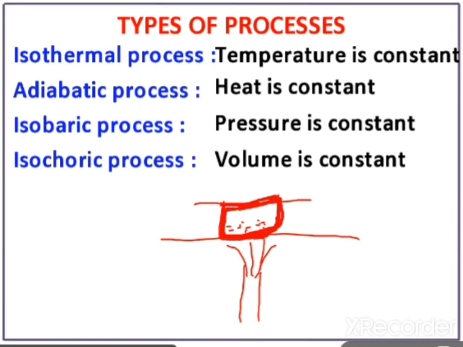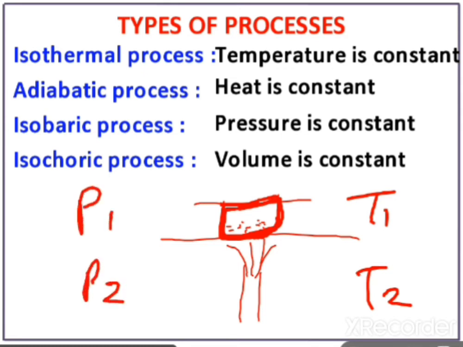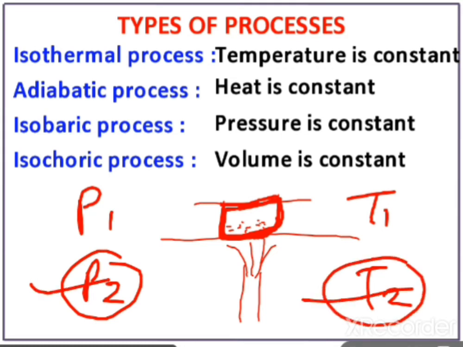So volume is not changing, but temperature will change. Initially the temperature was T1, but now the temperature will be T2. The pressure of the gas will definitely be higher than that of the liquid. So temperature and pressure are changing, but volume is constant. Such a process, heating of water at constant volume, is called an isochoric process.